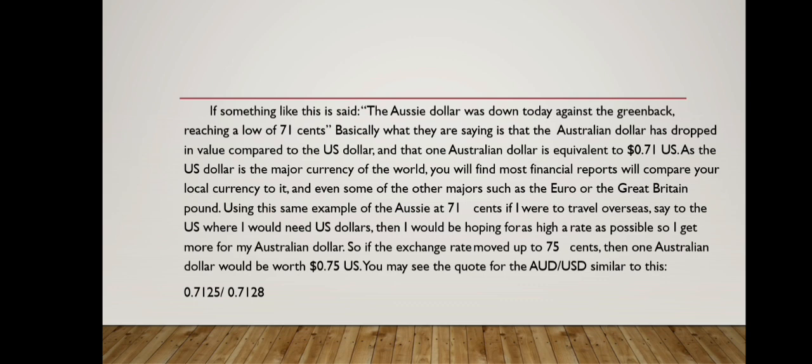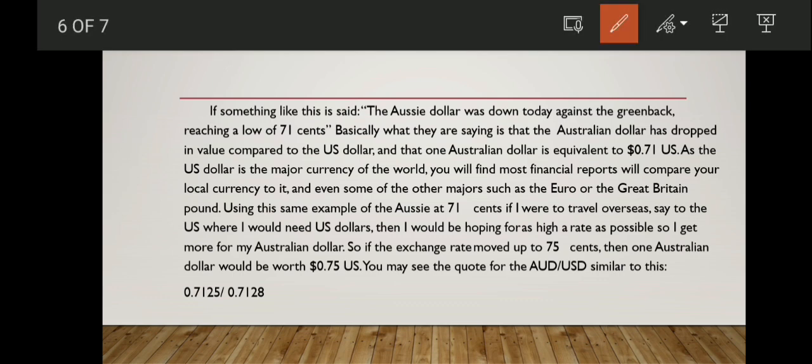So let me explain. The Aussie dollar is a currency, and this greenback is another name for the US dollar. So now let us take the statement: the Aussie dollar was down today against the greenback.